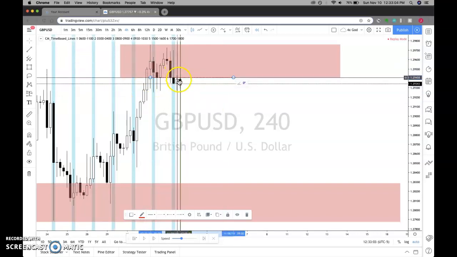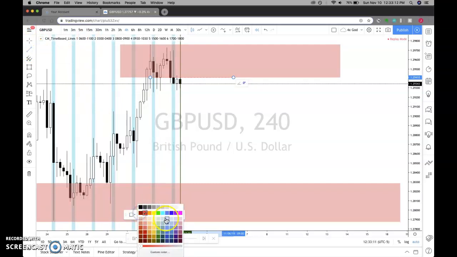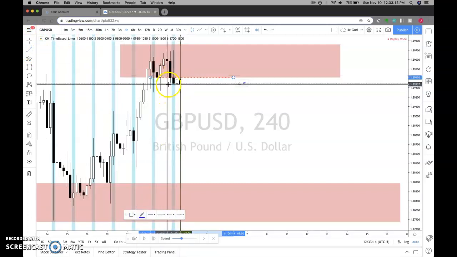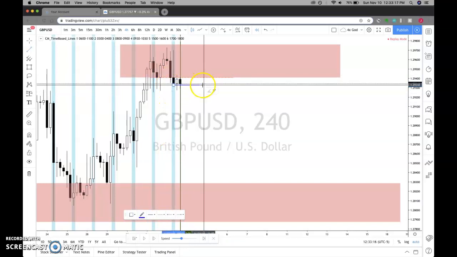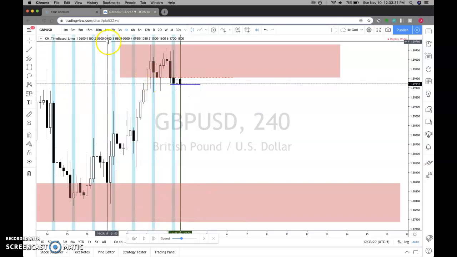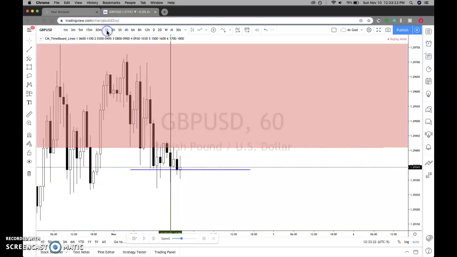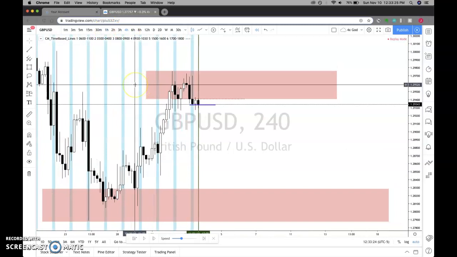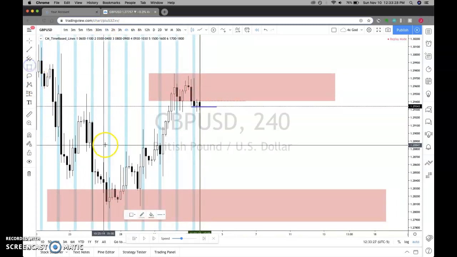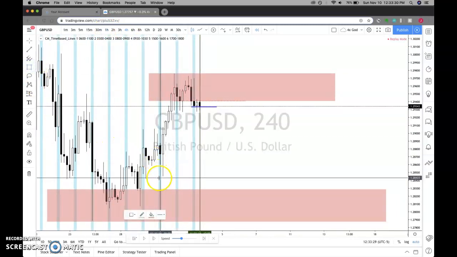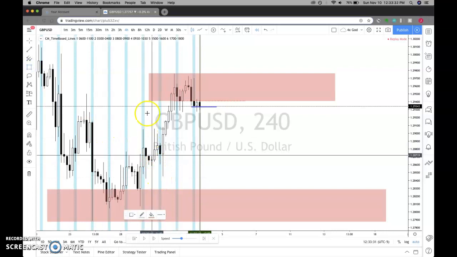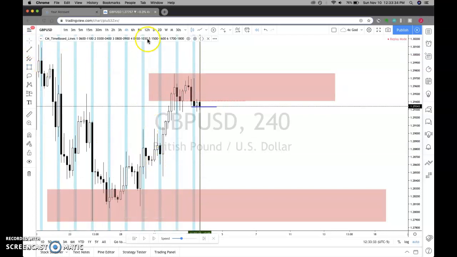We got a retest, and we need to break past our breakout point to have market flow switch. And let's see. So we're not even down here yet.